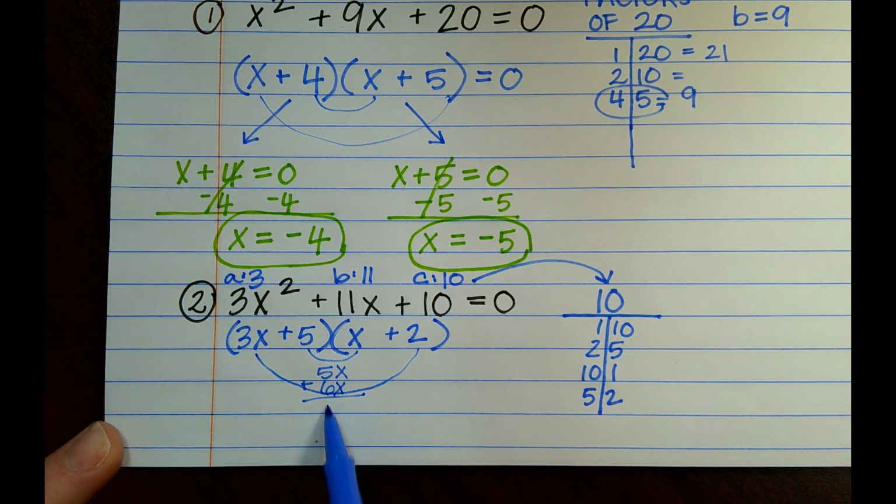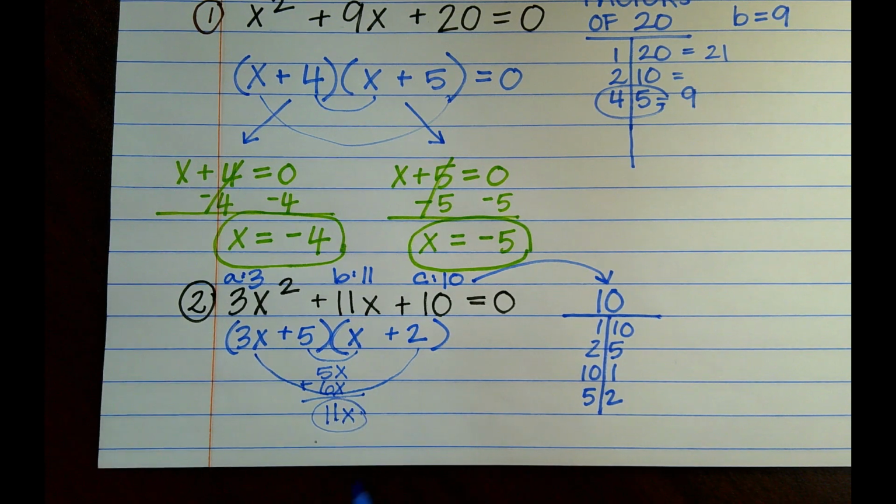When I add them together, I get 11x. So, that's good. That's our middle term. We wanted it to be 11x, and we got it. So we have our factors, and that is all good and wonderful.